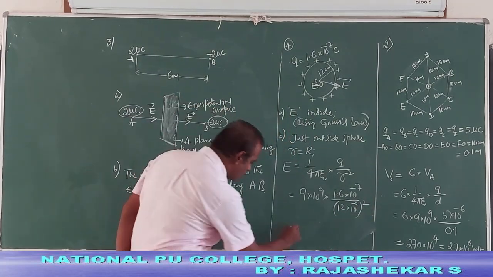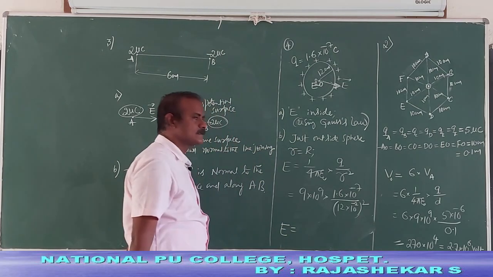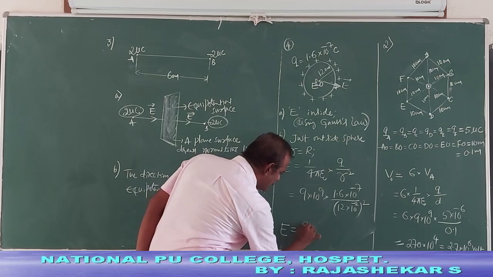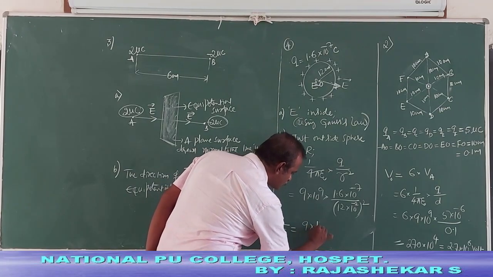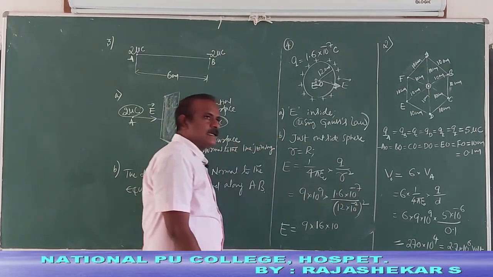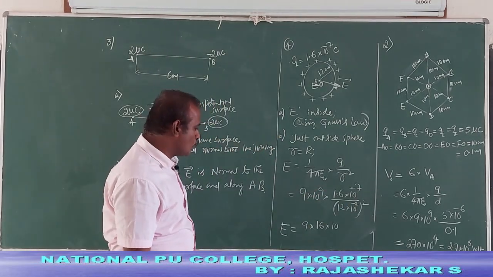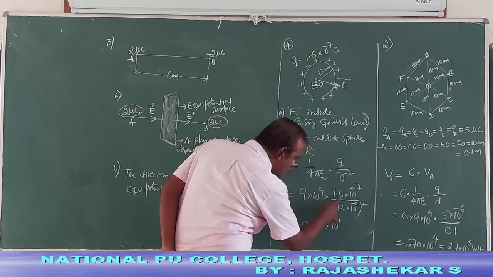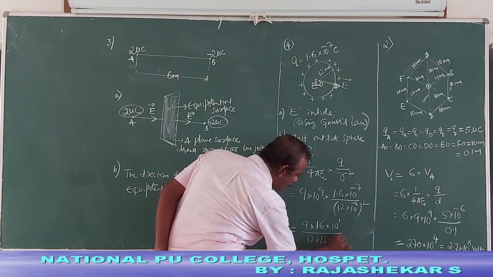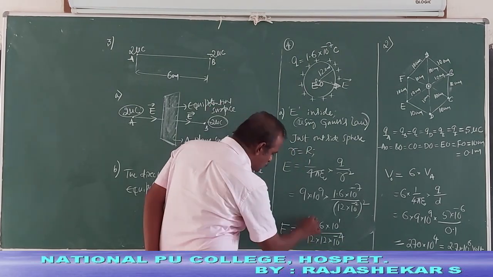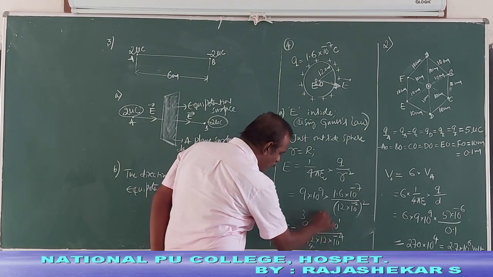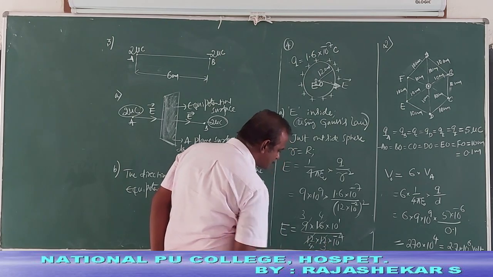This one you have to simplify, students. This is 9 into 16 into 10 to the power 9 minus 7, 10 power 2, and I write it as 10 power 1 because one of the 10 is being made use of, hence this is 12 into 12 into 10 to the power minus 4. Now it is easy for you to simplify.